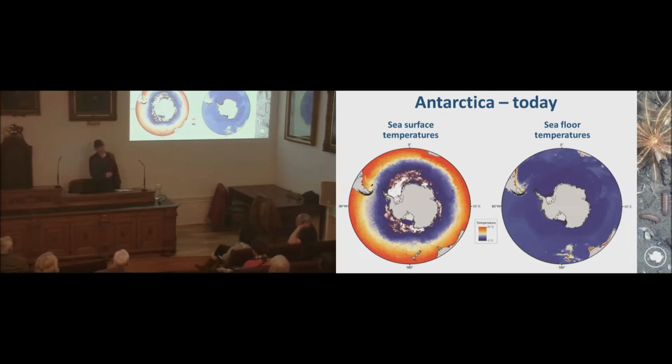On the left-hand side, we have the sea surface temperature, and on the right-hand side, the seafloor temperatures. If I first describe the surface temperature, we have the tropical zones where we start at about 20 degrees, and then we come to the subtropical front where the warm waters and the cold waters start mixing, and we go to around 4 or 5 degrees until we come to the polar front where we have a very, very clear divide between warmer waters and the 0 degrees.